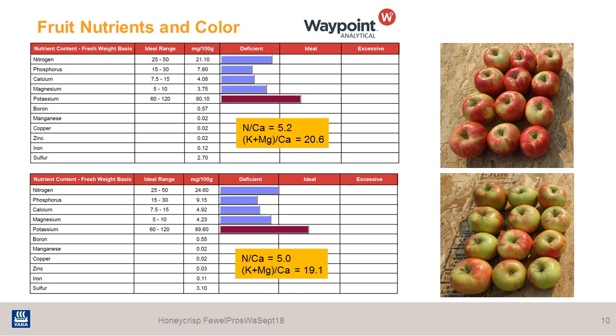Again, you look at the calcium, this fruit here actually had higher calcium compared to this fruit over here that had higher color. Now, there are many reasons for that. First of all, the fruit that were inside the canopy had lower brix, which means that they were behind in maturity.